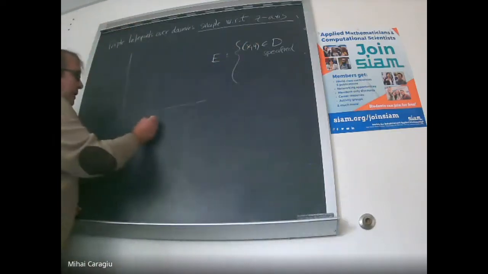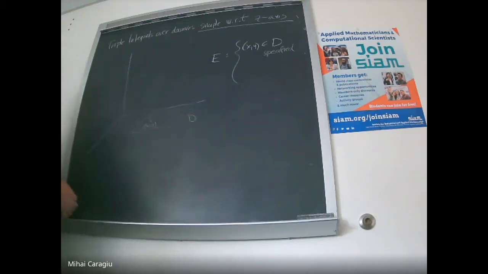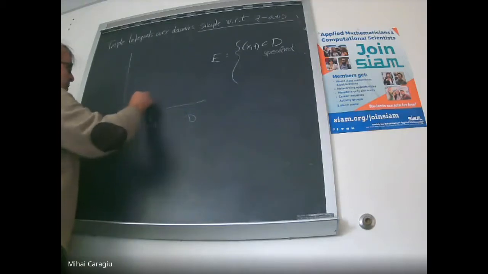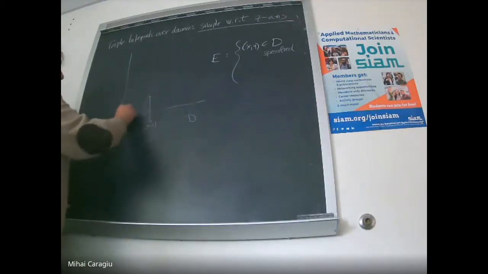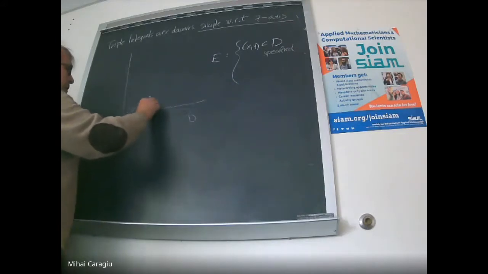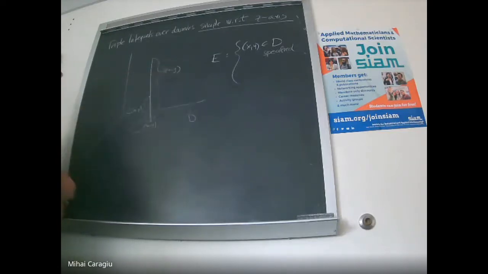Now, for every xy in D, the z coordinate is between a lower surface and an upper surface. So let's say this is a lower surface. This altitude, let's call it l of x and y, and the other altitude, let's call it u of x and y. So basically, imagine above the domain D, we have two surfaces, a lower one and an upper one.